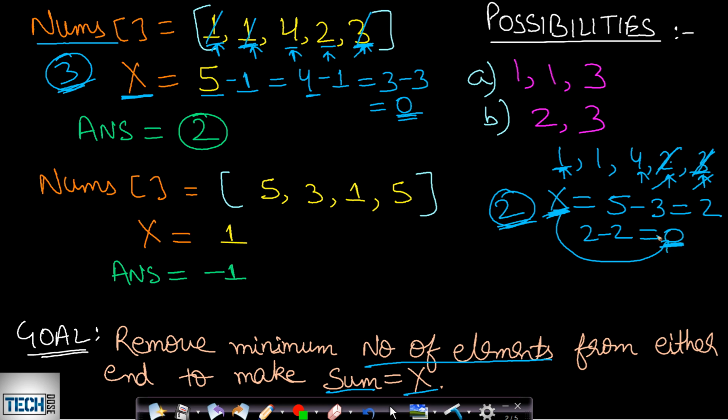This is as good as saying that you are removing the elements and adding those elements so that it becomes equal to x, right? So adding the boundary elements and making it equal to x is the same as converting this x to 0. Both are the same problems. Okay.